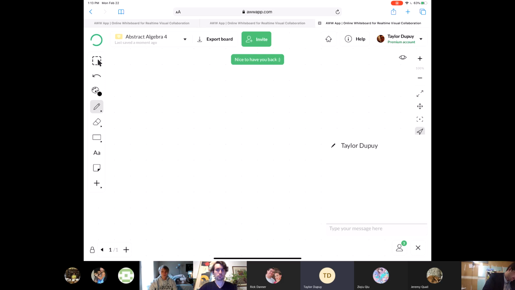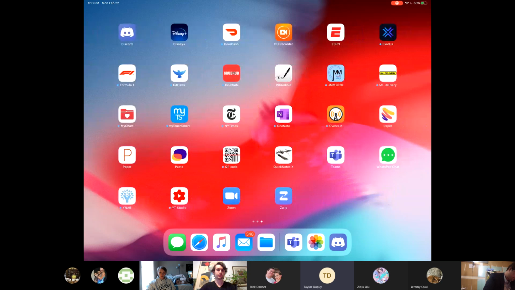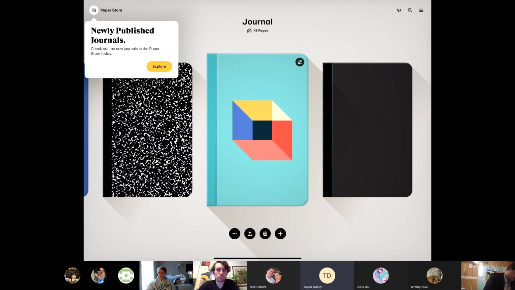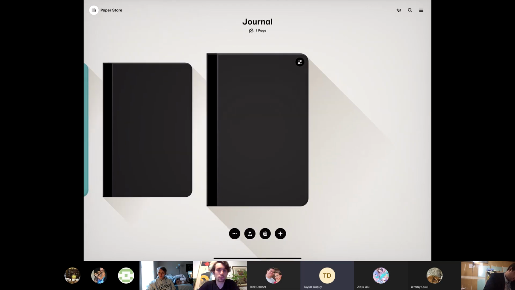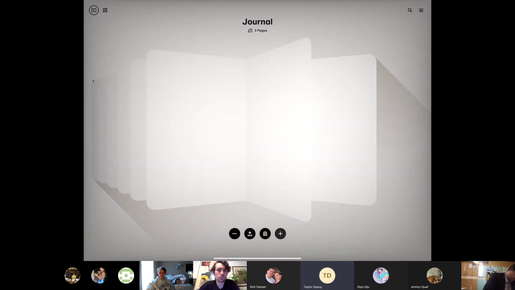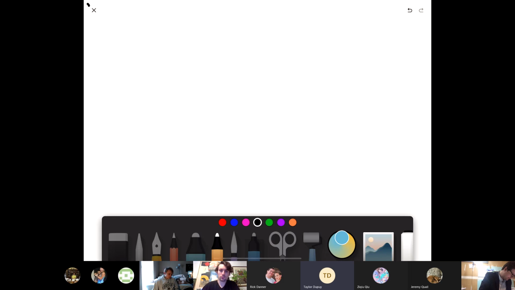Maybe I need to switch apps here. Paper. Okay, great. Oh, this is empty. So I think I have to add pages now. Okay, so I'm just going to write in here, and then I'll post this in after the talk today. Okay, so let's see if this is the right size. I think that's the one we want.